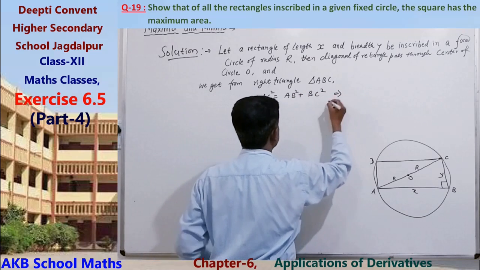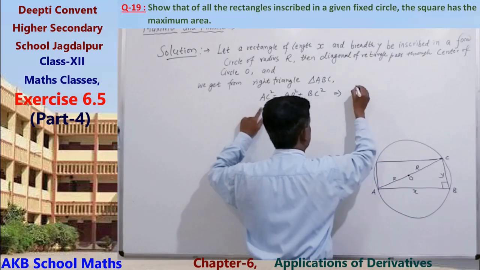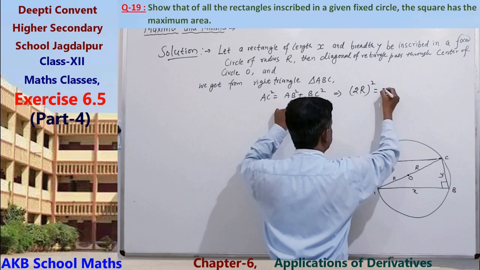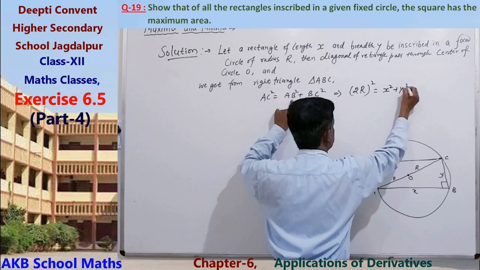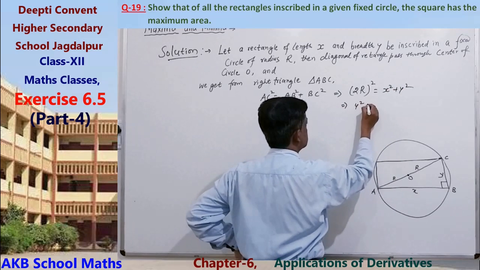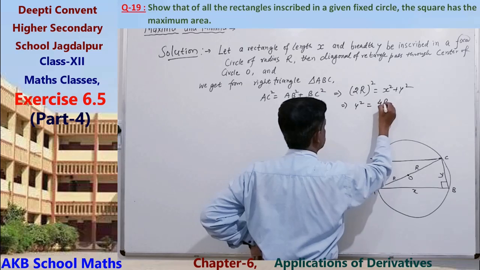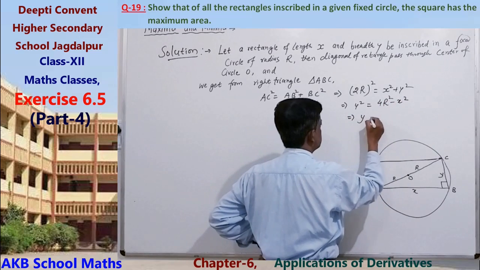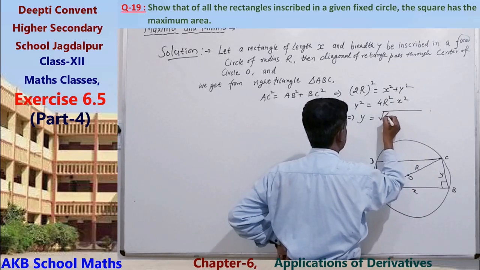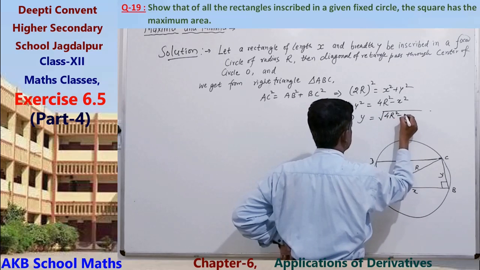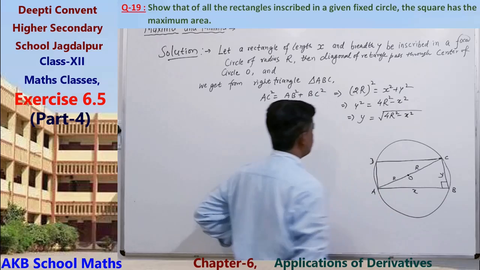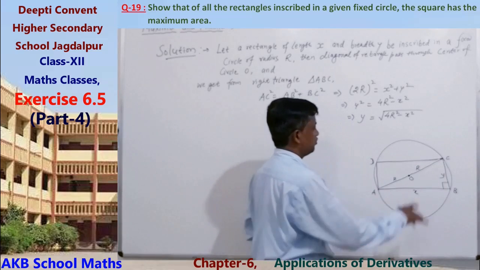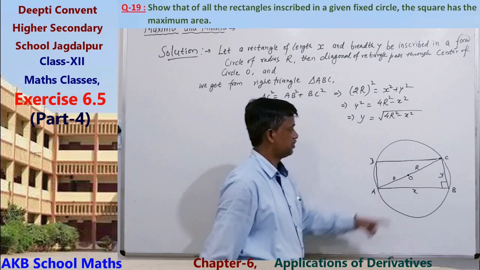This gives AC means 2R, so 2R square equals AB means X square plus BC means Y square. From here, Y square equals 4R square minus X square. That is, Y equals root of 4R square minus X square. This is the value of Y. X is length, Y is breadth, and the breadth is also in terms of X.